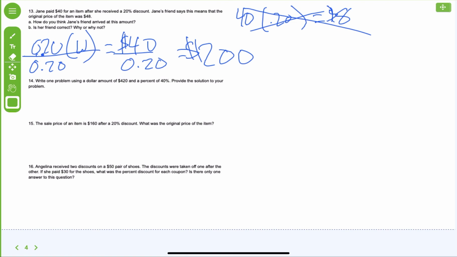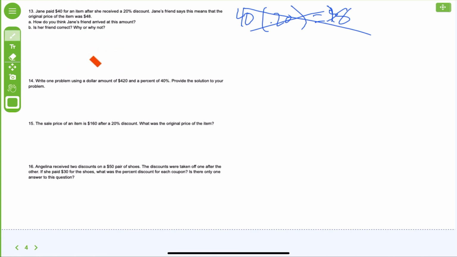She paid how much? 80%. You have to take your percent here because she got a 20% discount. How much do you normally pay? 100%, right? So you would say 100 minus 20%, you're going to pay 80%.